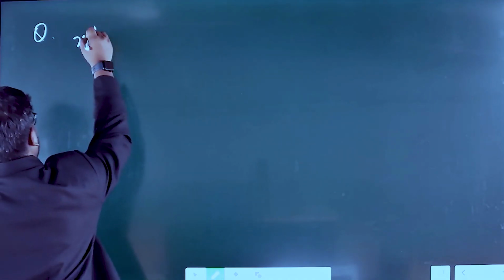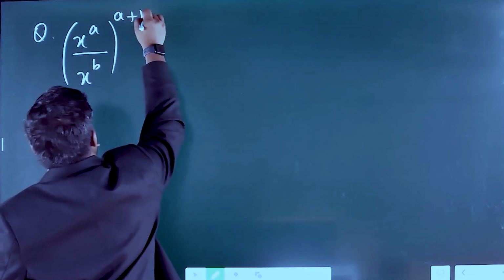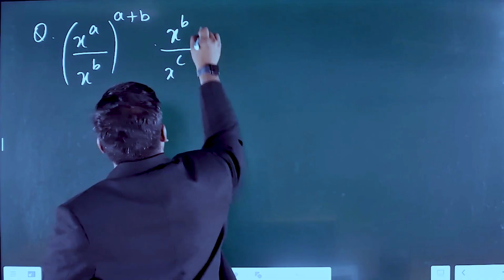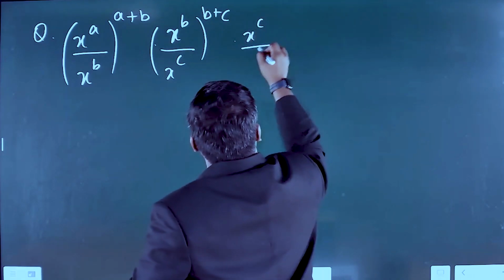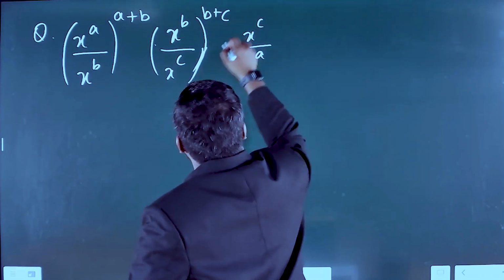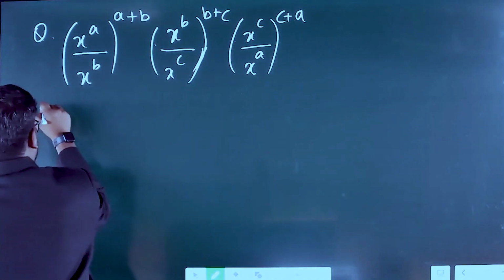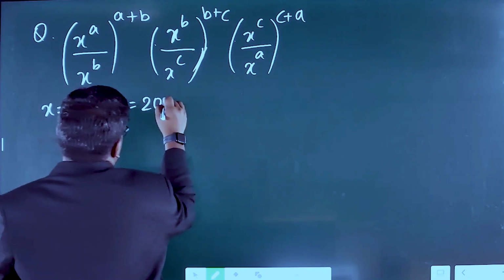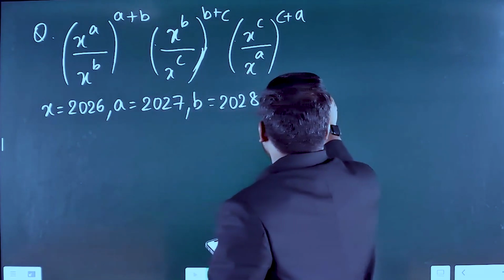I want you all to try this question. x power a by x power b whole power a plus b into x power b by x power c whole power b plus c into x power c by x power a whole power c plus a, where the values of x, a, b, c are: x is 2026, a is 2027, b is 2028, c is 2029.